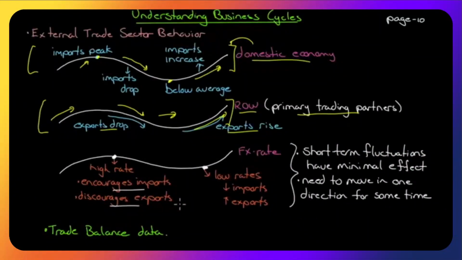That means that exports are more expensive because foreigners would need more of their own currency to buy our local currency. And low rates does the opposite. It discourages imports because suddenly they become more expensive relative to the value of our currency. And it encourages exports.